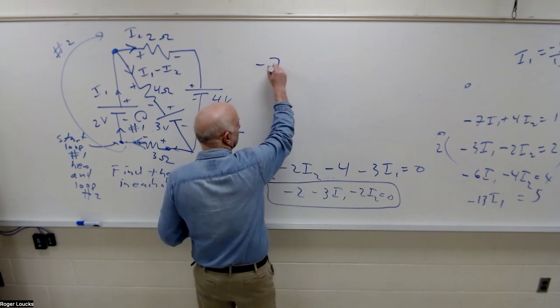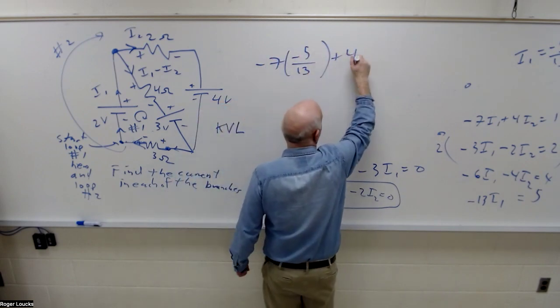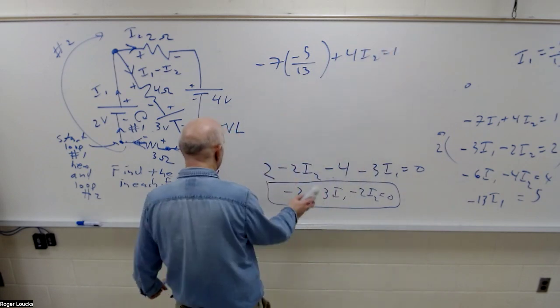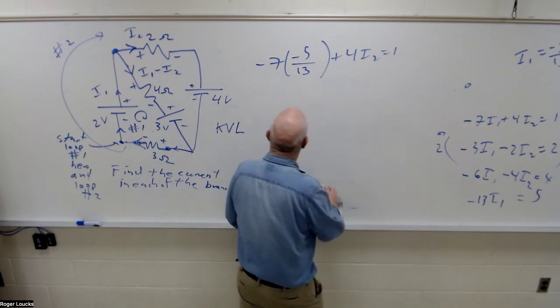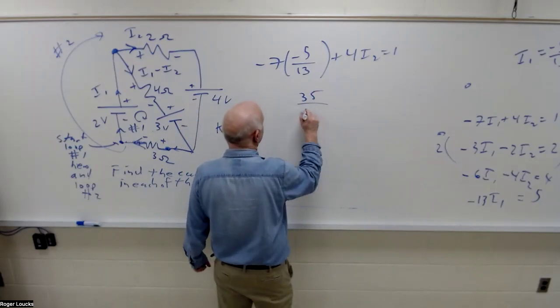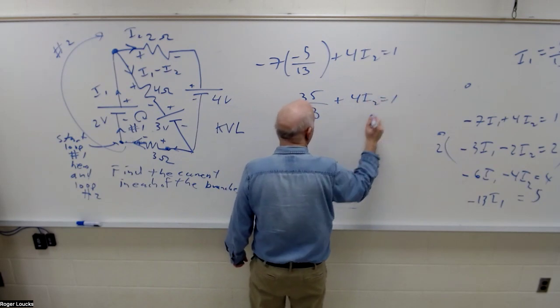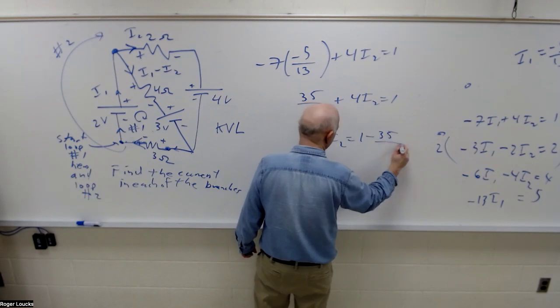So I'd have minus 7 times minus 5 over 13, sorry about that, plus 4I2 equals 1. Okay, this is going to hurt. So this is going to be 35 over 13 plus 4I2 equaling 1, so 4I2 equals 1 minus 35 over 13.